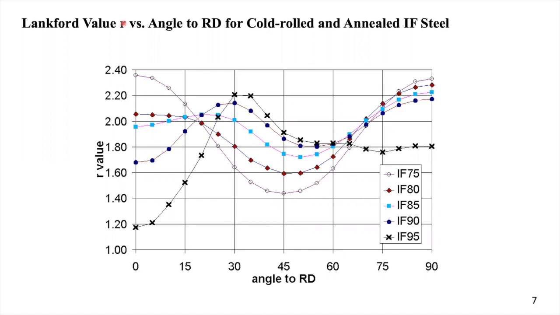And you can see here, this is a graph which shows the R value on the vertical axis, and on the horizontal axis, the angle of the tensile axis with respect to the rolling direction. You can see then that the R value is anisotropic, it depends on this angle, and it depends here, as you can see, on the rolling reduction.